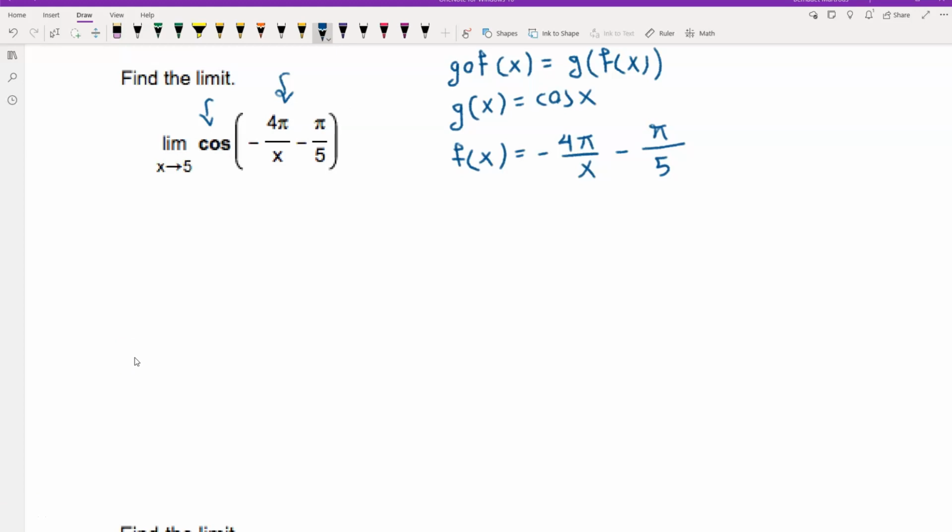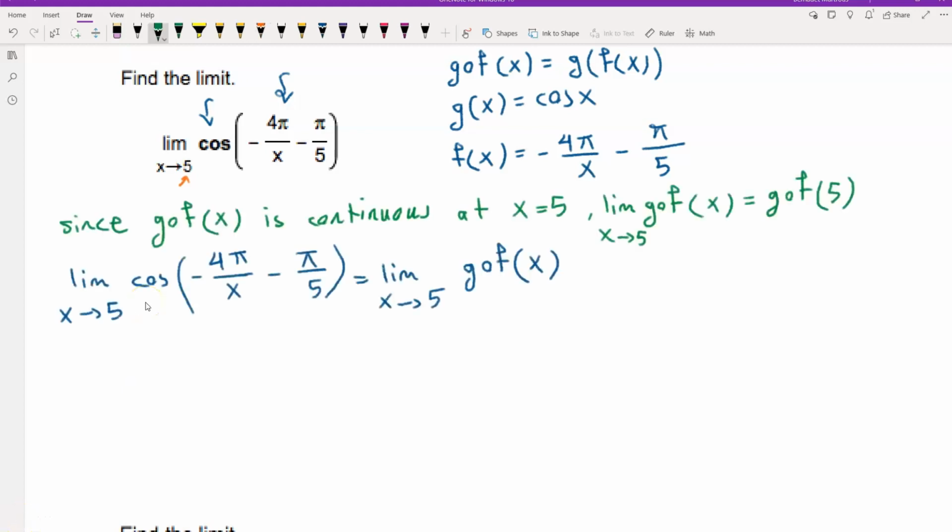So the domain of g of f(x), cosine of (negative 4 pi divided by x minus pi divided by 5), is all real numbers except for 0. This means that it is continuous at 5. Since g composed with f is continuous at x equal to 5, the limit as x approaches 5 of g composed with f at x is equal to g composed with f at 5.